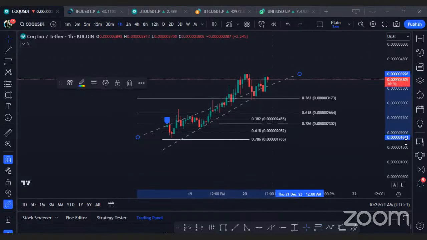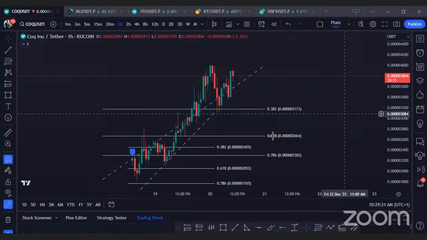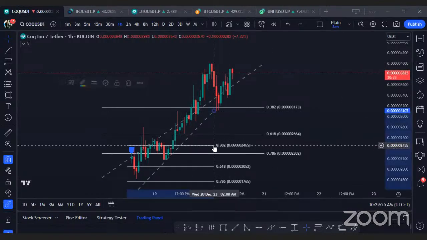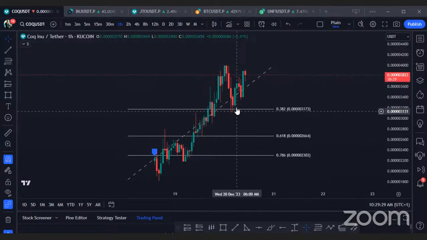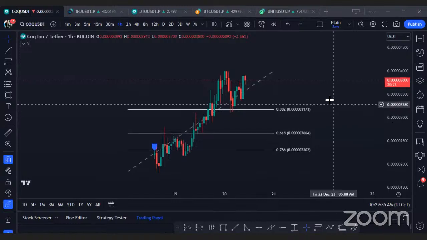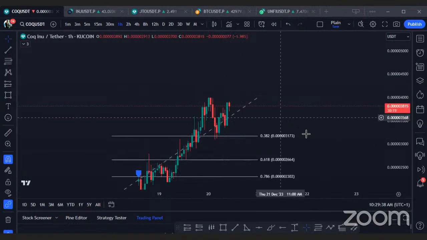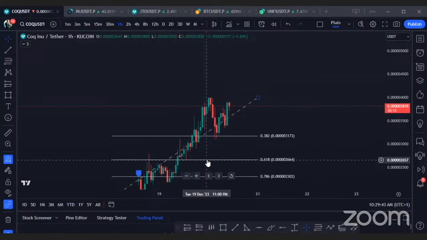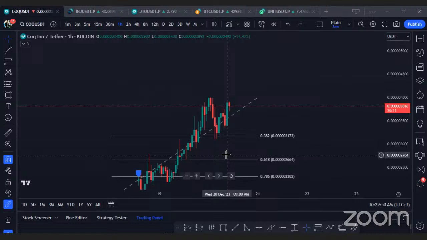Okay, so we'll have that push back. We had that bounce from 382 and we're moving up. The stock is actually doing good. But that 618 level, if we can actually come back down to that level, would be a great area to buy.